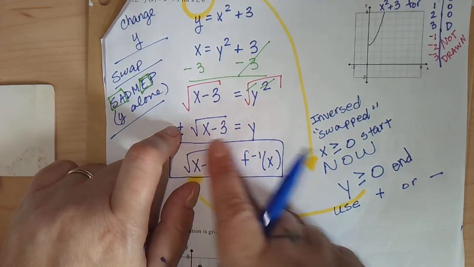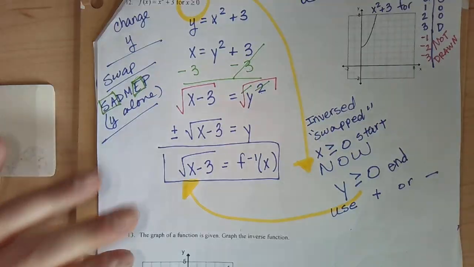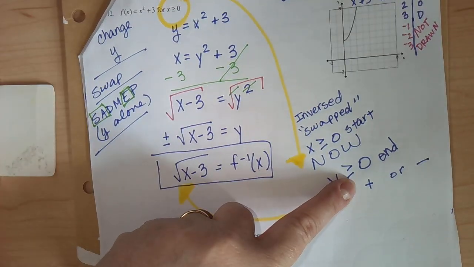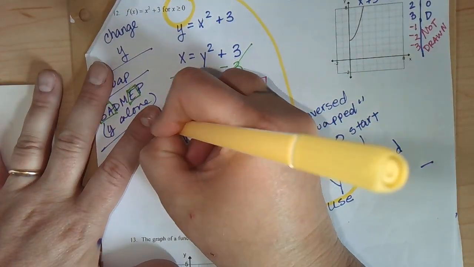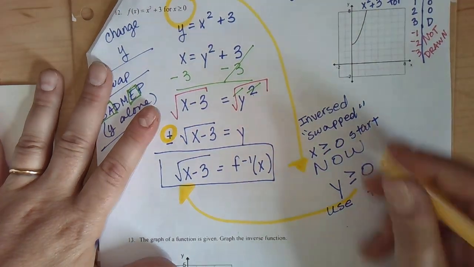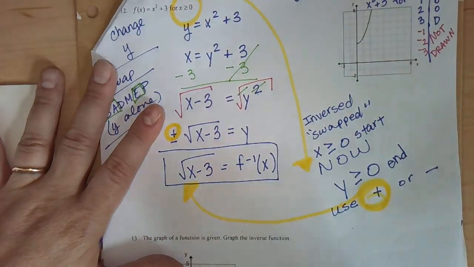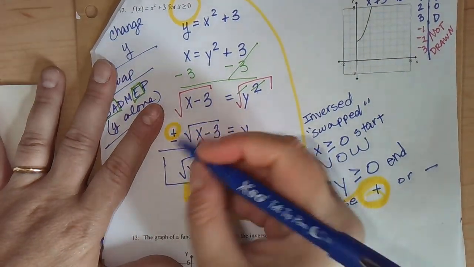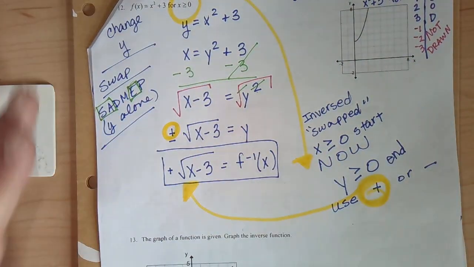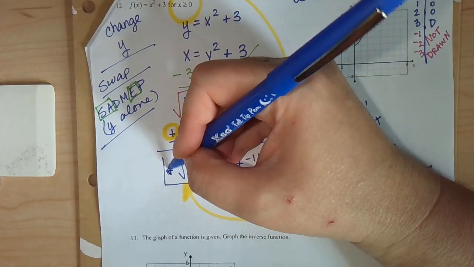Because it says plus or minus. Well, y bigger than or equal to 0 means y is positive. So we're going to use the plus. And this equation is going to have a little pretend plus in the front. When you go to type it in, you don't actually type the plus.